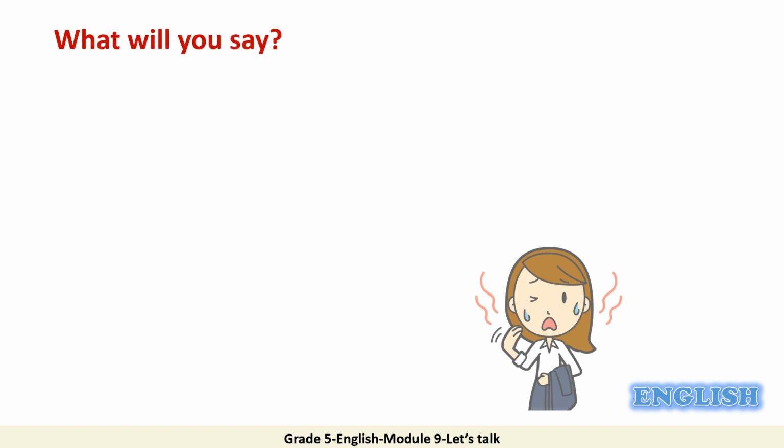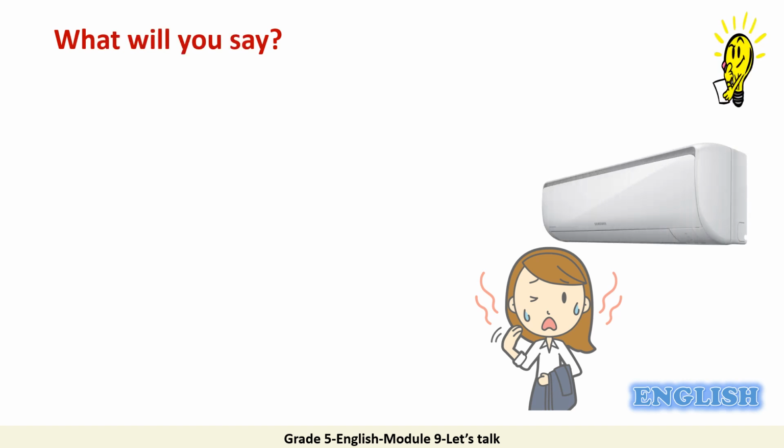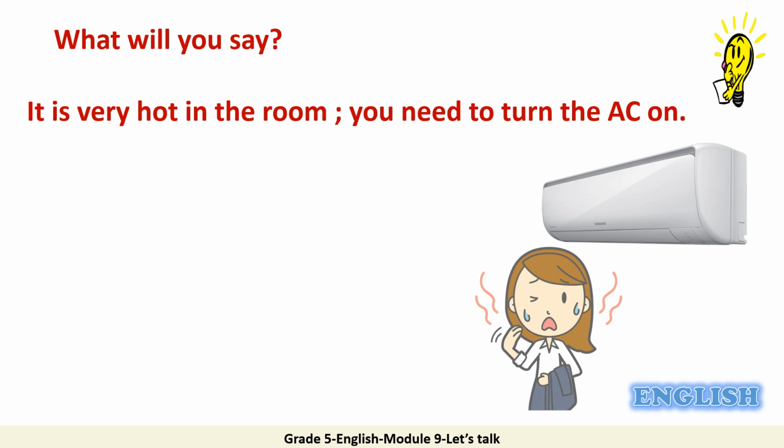The weather is very warm and she wants to turn the AC on. She wants to ask for a permission to turn the AC on. So, what will you say? You will say, could I turn the AC on, please? You will ask for permission, for a polite request to do what you want to do.